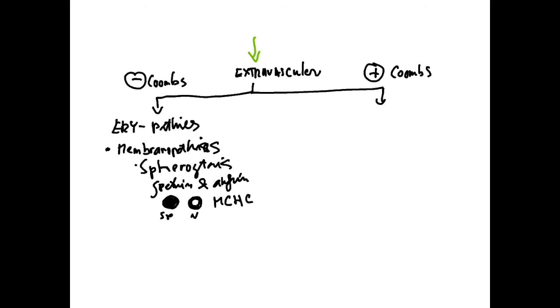So there's lots of hemoglobin stuffed in this spherocyte, and this spherocyte, remember, is very fragile to osmolarity. So you can do an osmolarity check, and they will burst when there are changes of osmolarity.